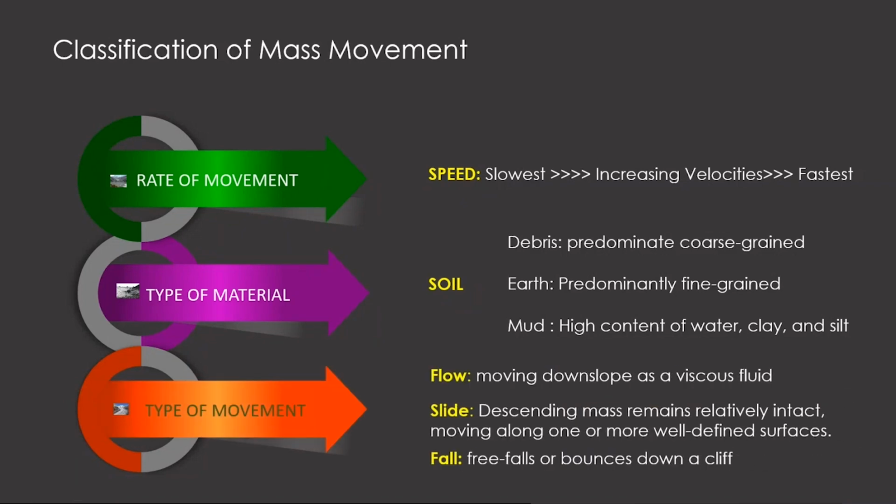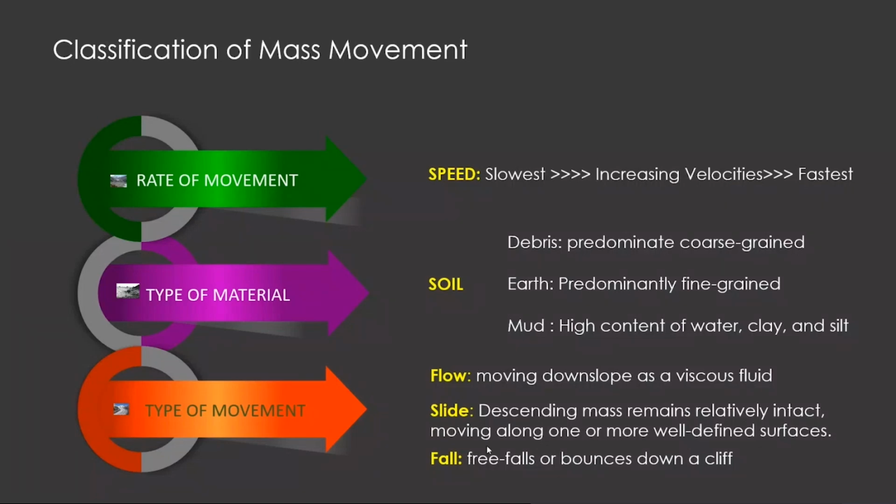Based on the type of movement, it is either a flow, where the entire material flows in a downslope movement like a viscous fluid, or sliding, when the material slides down relatively intact. The moving material may not be disturbed.